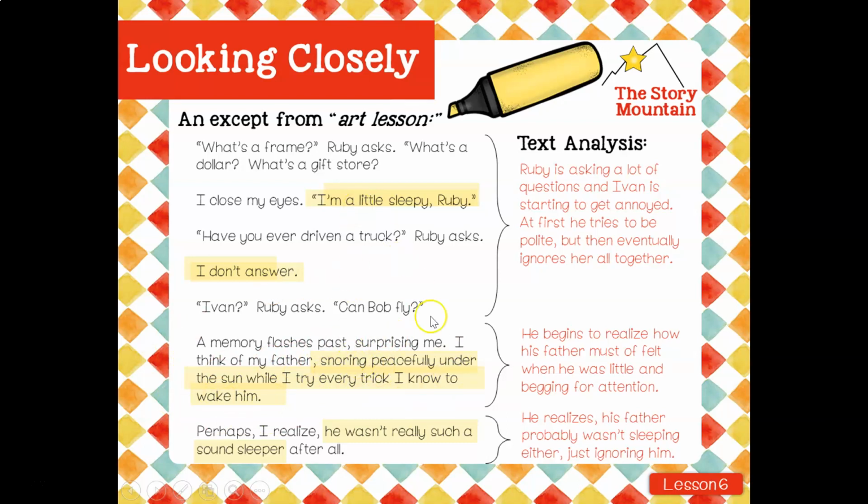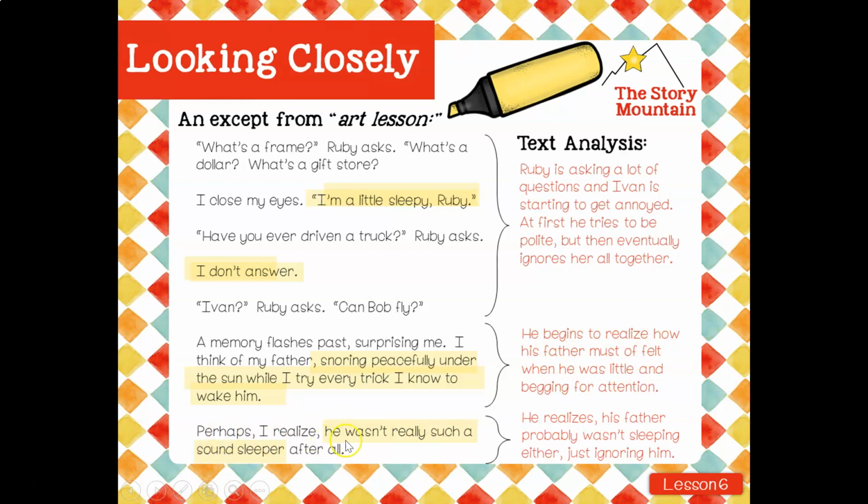Kind of like what he did to Ruby, his dad did to him. He was snoring peacefully under the sun while Ivan was trying to wake him up. No matter what he did, the dad wouldn't wake up. So we can conclude that Ivan begins to realize how his father must have felt when he was little and was begging for attention.